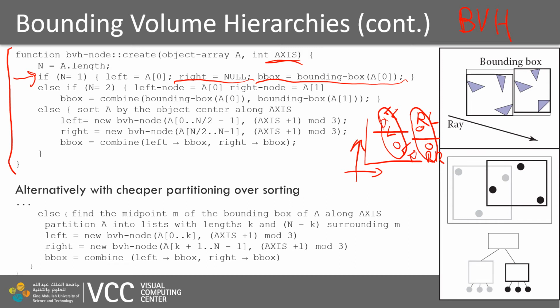If we have 2 children, then one goes to the left, one goes to the right. And then we create a combined bounding box out of the bounding boxes of these 2 respective children.